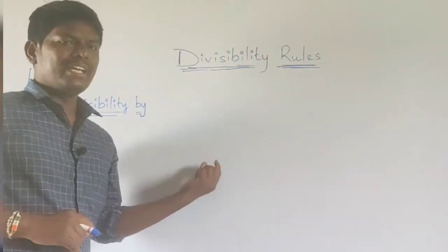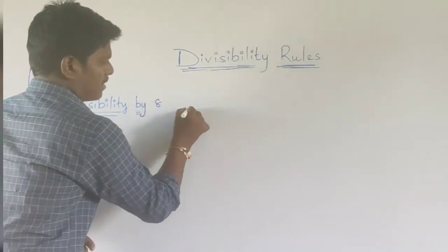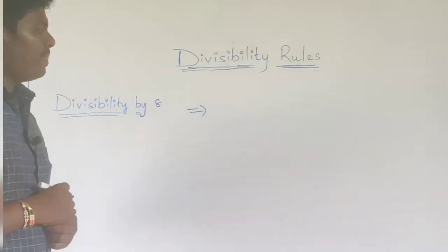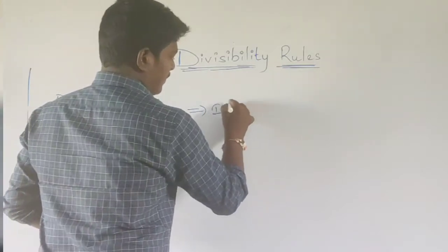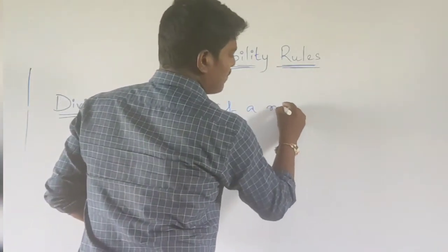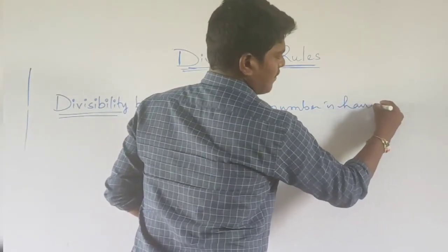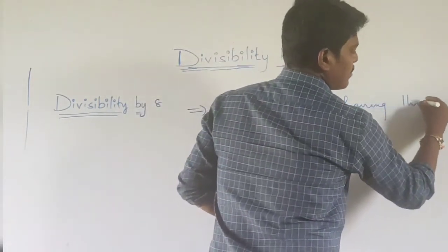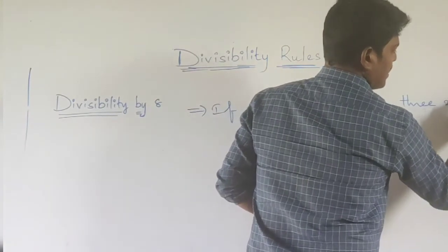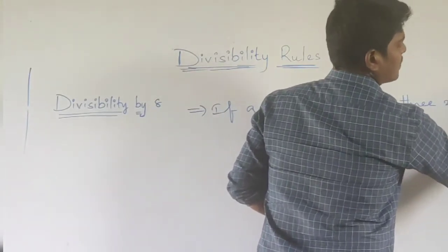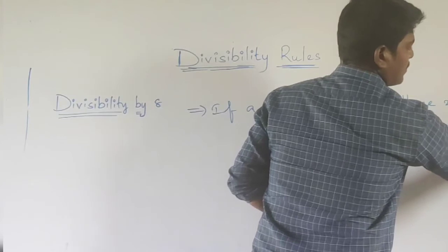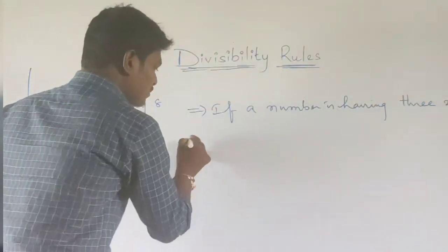Is it divisible by 8 or not? In this way, if a given number has 3 zeros in the ending, that number is divisible by 8.